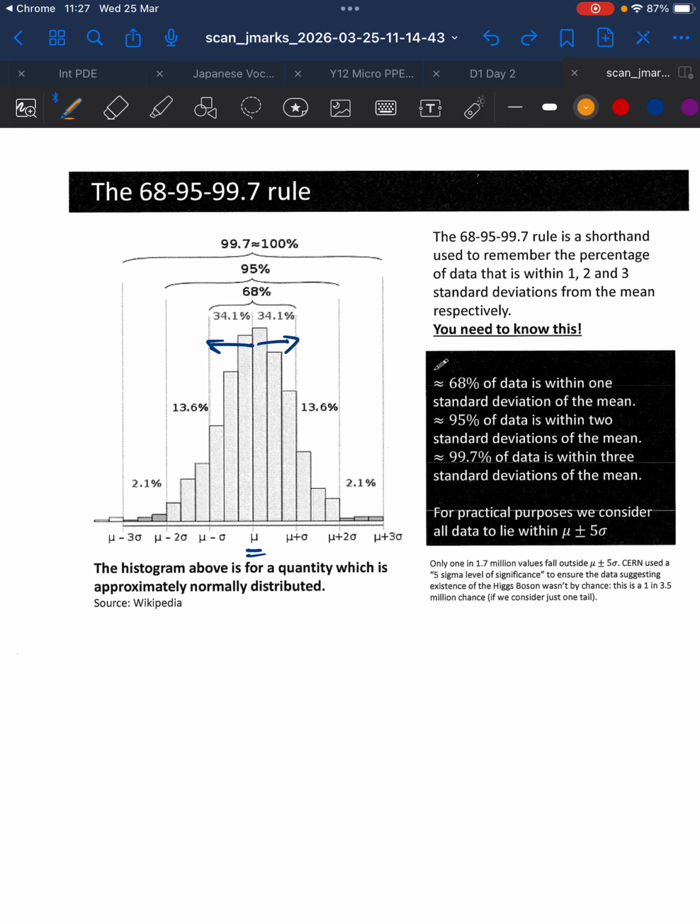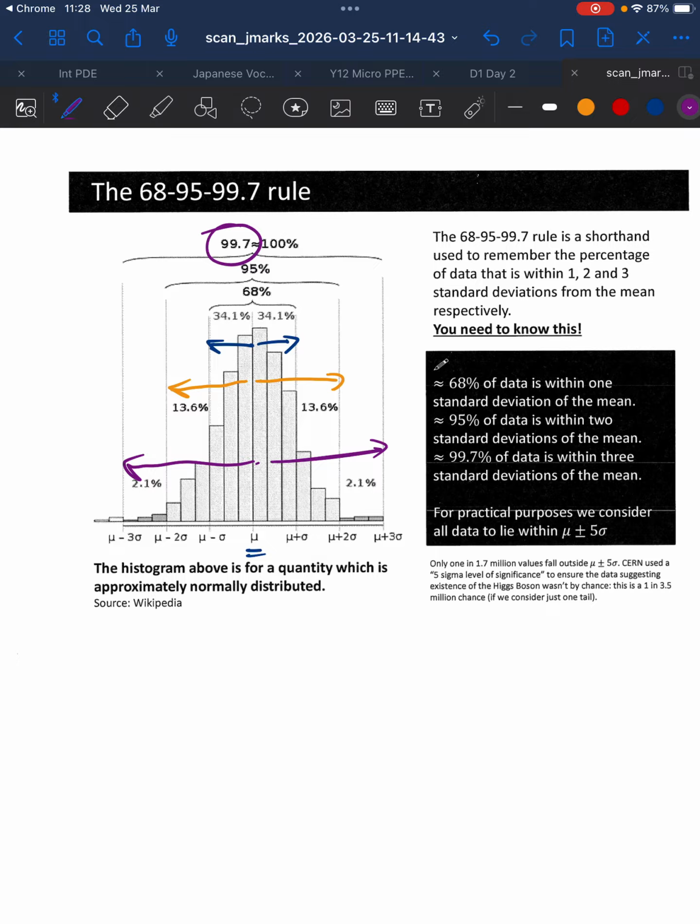If you do 2, so if we do something like that, it rises to 95%. And finally, if we do 3, we find it rises all the way up to approximately 99.7%. So what's interesting is you don't need that many standard deviations from the mean in a normal distribution to cover the vast majority of the data.